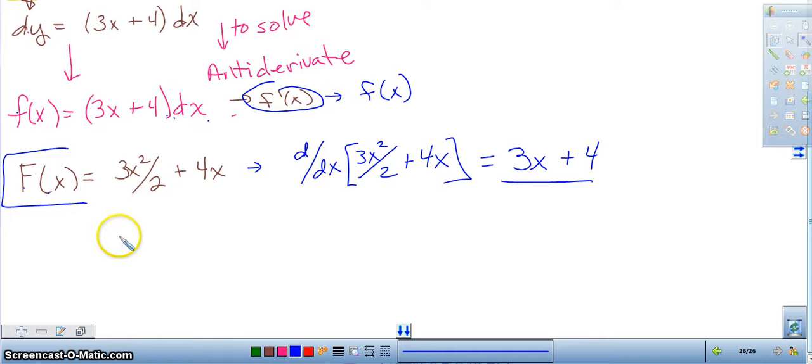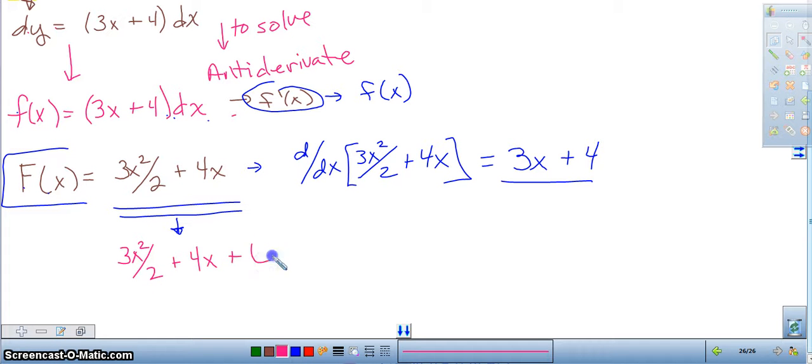By the way, this answer is only one of many answers that could be the antiderivative. If this is my differential equation, 3x plus 4 dx, and I find this to be my antiderivative, that's what we call just one of many solutions. See, I could have 3x squared over 2 plus 4x plus 6.